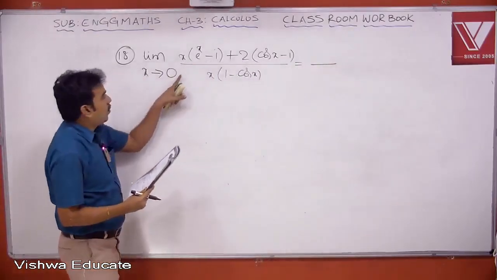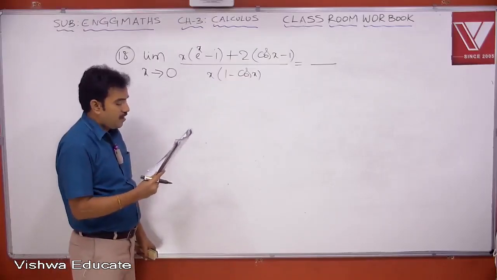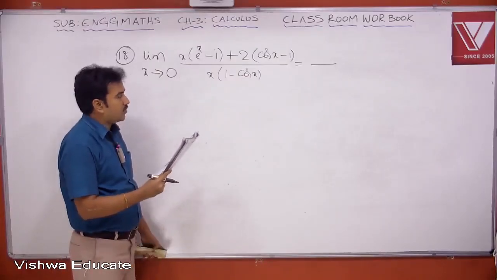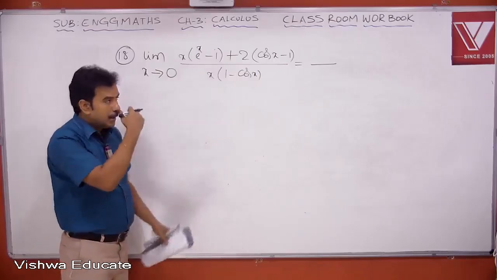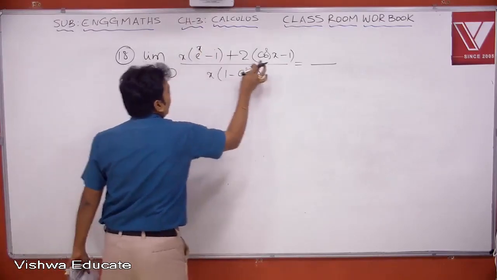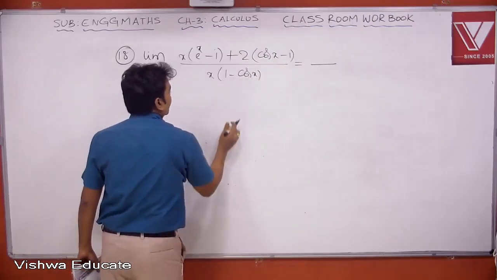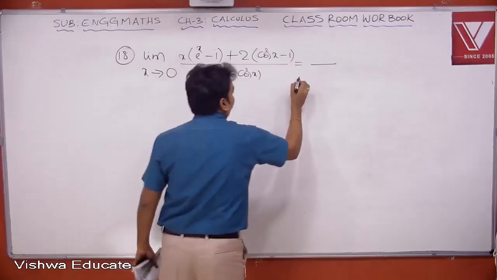It's a blank question. Now try to replace x by 0. This will be 0. Cos 0 is 1. 1 minus 1 is 0. Denominator 0. So it will be in the 0 by 0 form.